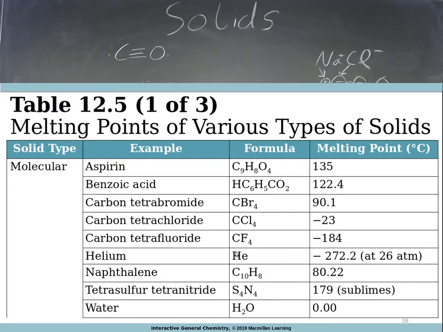All the way up to something like tetrasulfur tetranitride, which is going to be a solid at room temperature. In fact, it doesn't even melt at all. It will sublime at 179 degrees Celsius, so you'll have melting points that span a wide range.